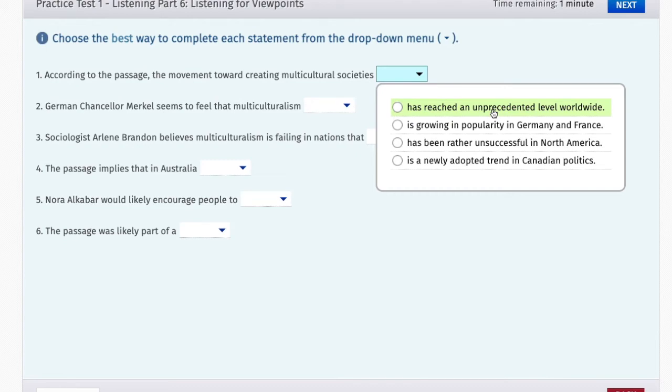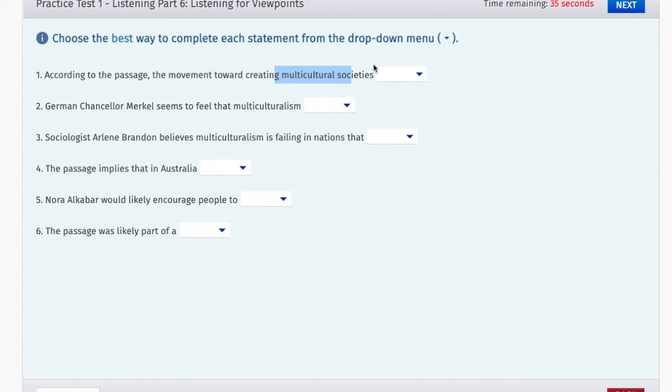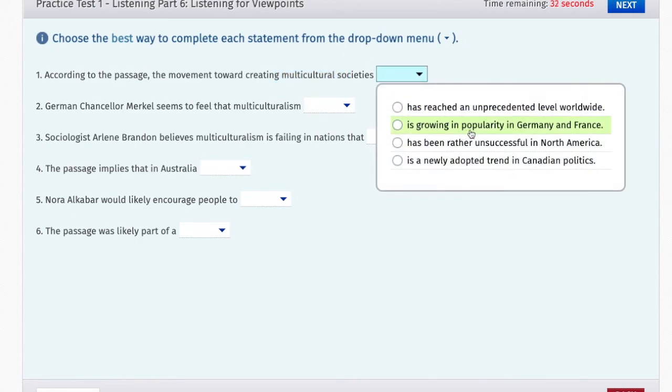So, to better understand the answer, we need to connect, okay? We need to associate. Looking at this one here, Germany and France, because that's a clear example. Germany and France was mentioned in the lecture, but did it say that multiculturalism is growing in popularity in Germany and France?